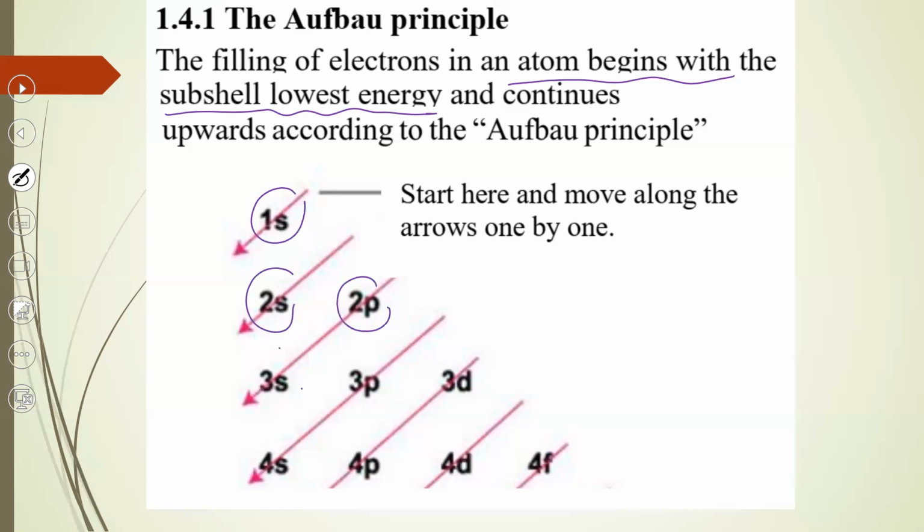In this way, it begins with the lowest energy and continues upward according to the Aufbau principle. This is a German term meaning building up, right? So electrons fill in order, from lowest energy to highest. So this is what we call the Aufbau principle.